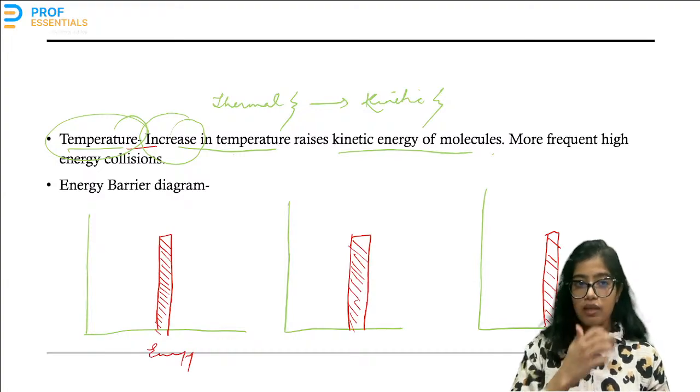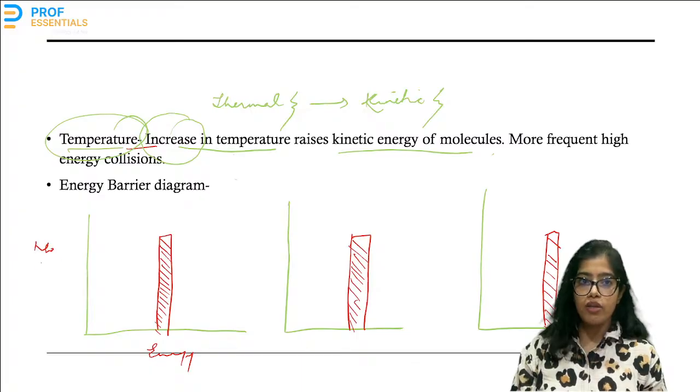Now what will happen is, we are going to plot the number of molecules possessing this much energy. This is the number of molecules here. Suppose the number of molecules possessing energy is less than the barrier. Will the reaction proceed?